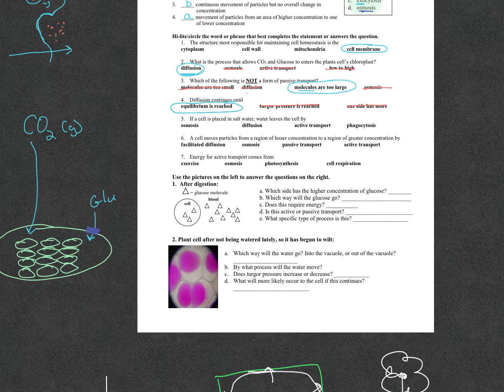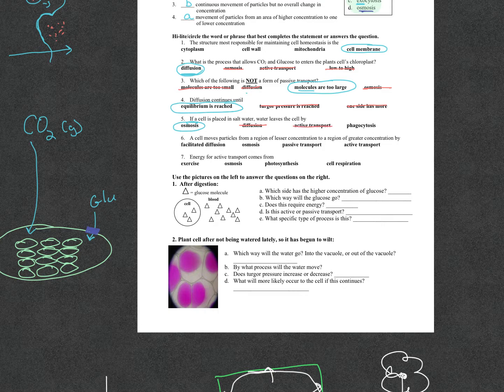If a cell is placed in salt water, water leaves the cell by osmosis. Water diffusing from high to low is going to be osmosis. It is diffusion in a way, but it's a special type of diffusion called osmosis. Not active transport because ATP is not being used.